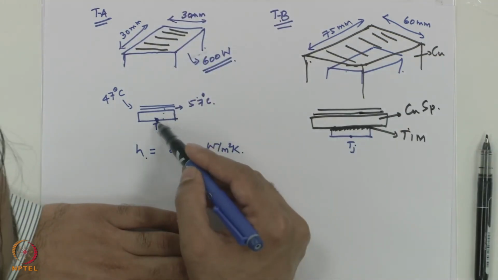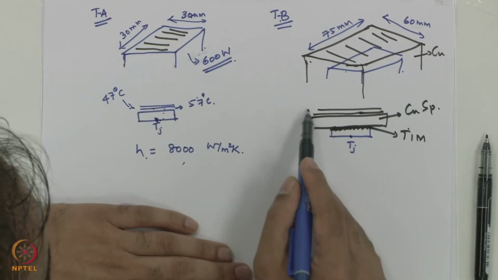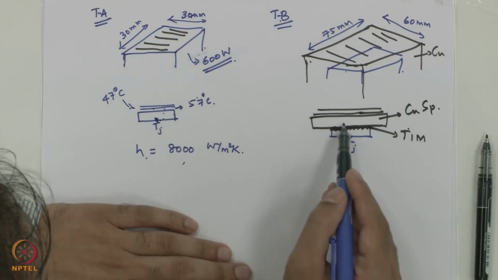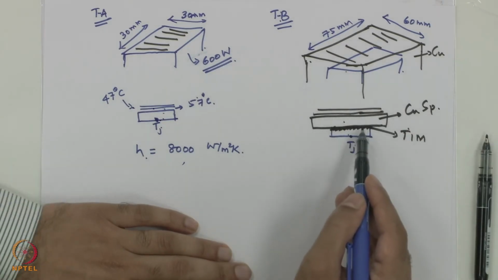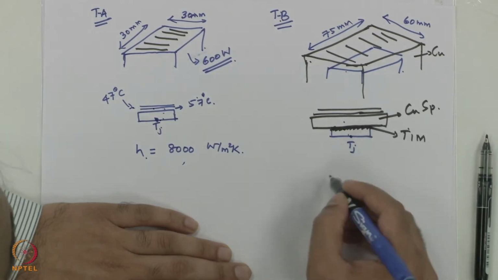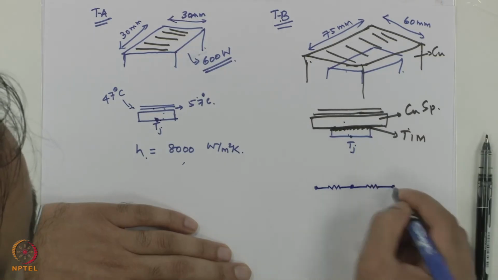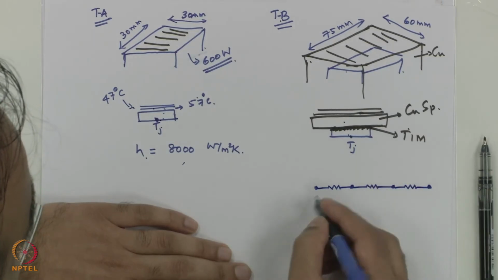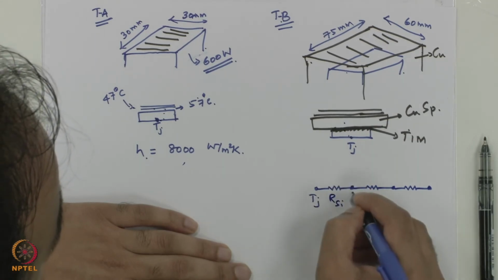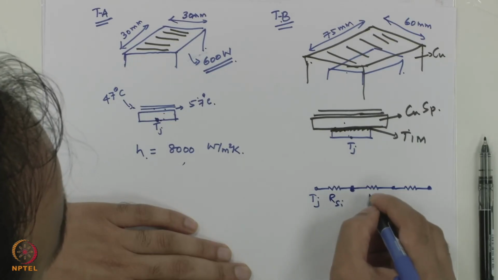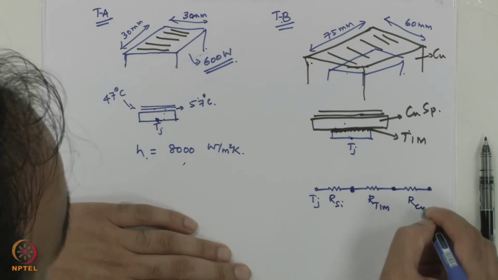So here the water flowing on the silicon directly carries the heat away. Here the water flows on the copper, and the copper is in contact with the silicon device, and there is a thermal interface material to reduce contact resistance between them. So there are two additional resistances compared to case number 1. T junction, this is R silicon, this is R TIM, and this is R copper microchannel.